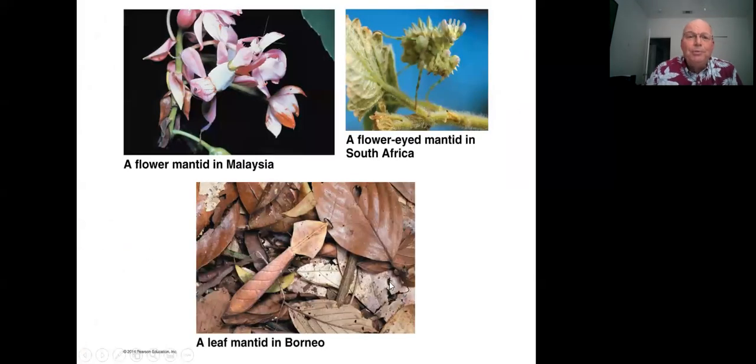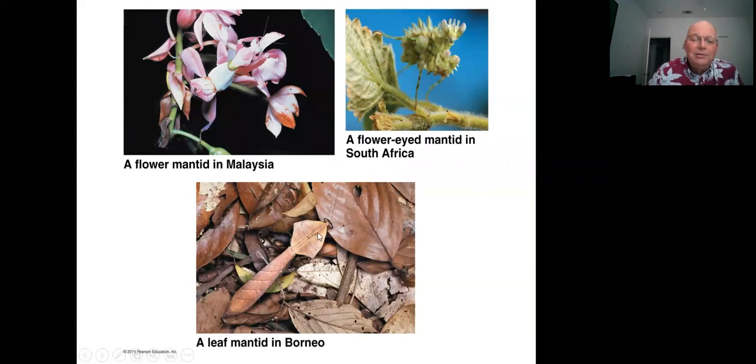So here are some examples of some changes or some adaptations to regional differences. And these are all praying mantids. So this one looks like flowers, and this one's actually really tough to see until you realize here's the head, the body, and the legs. Looks very much like the flowers in the background. Here's one that looks more like the twigs of the branches that it's growing on.